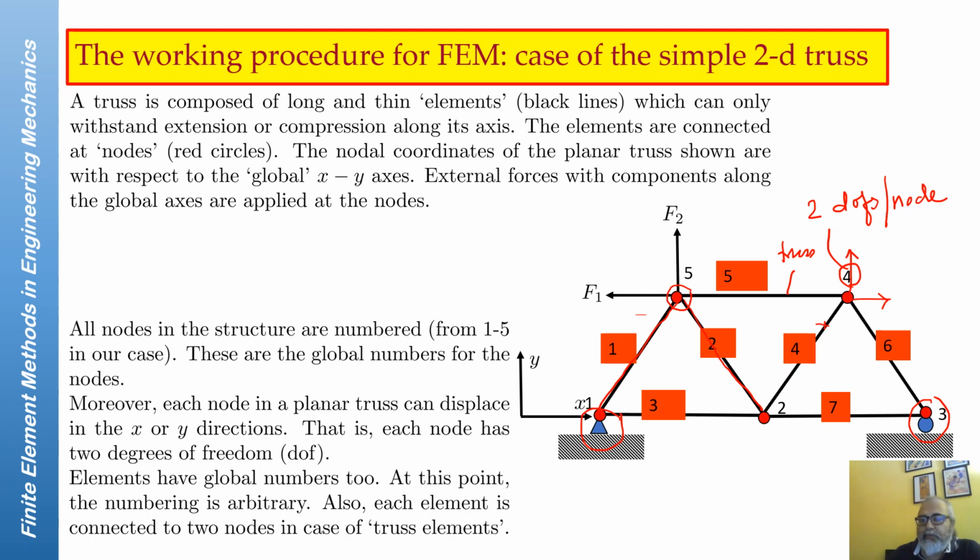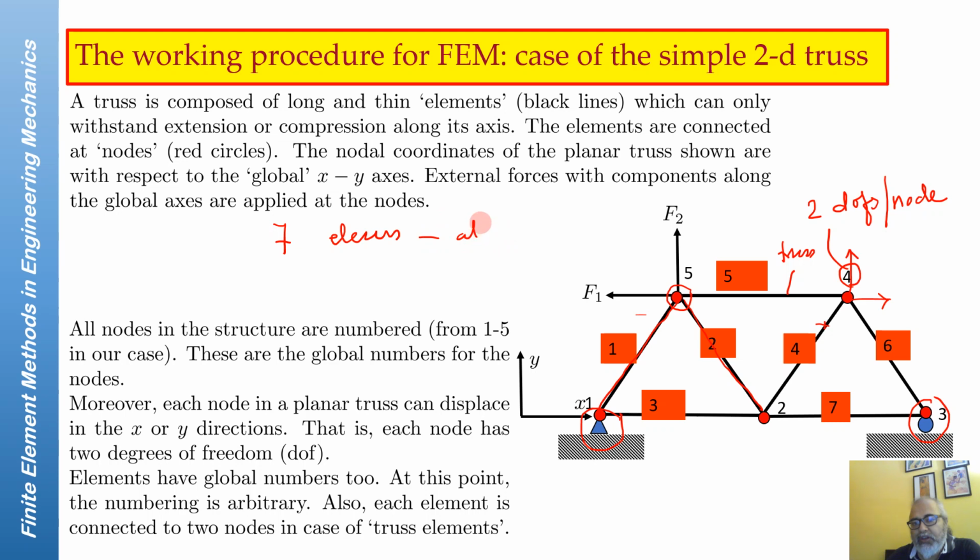So for this mesh consisting of truss elements, we will apply external forces only at the nodes, and that is what we have done. So F1 and F2 are the forces applied at node 5. Again, completely arbitrary. It could have been applied anywhere else, but the point is that the forces have to be applied at the nodes. So there are 7 elements in this structure.